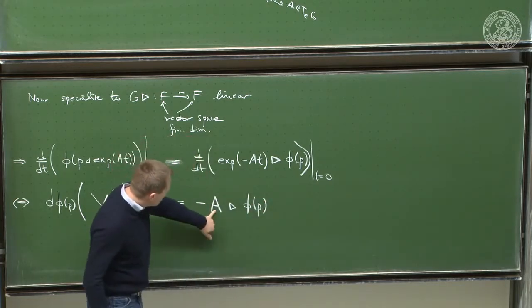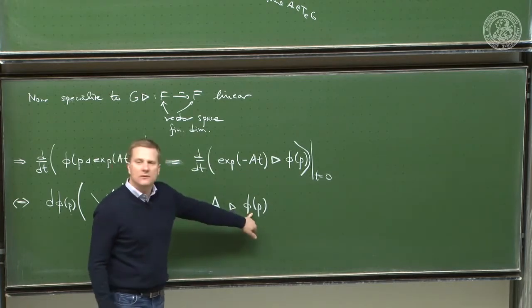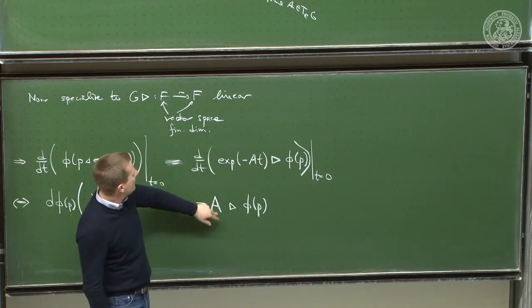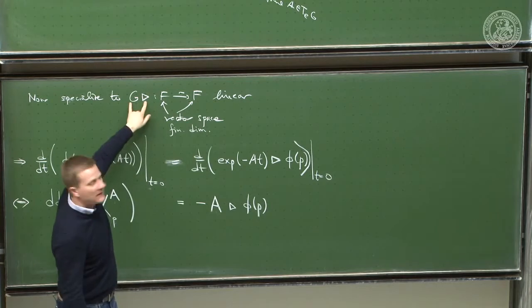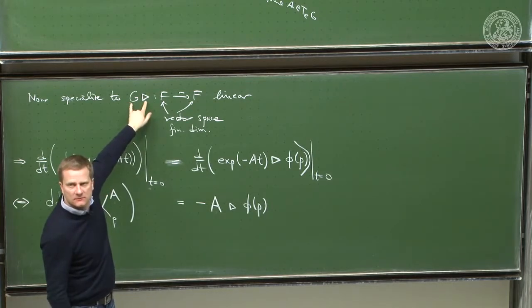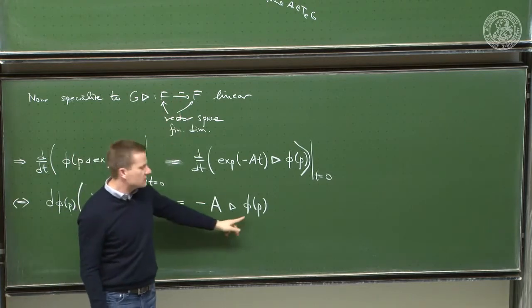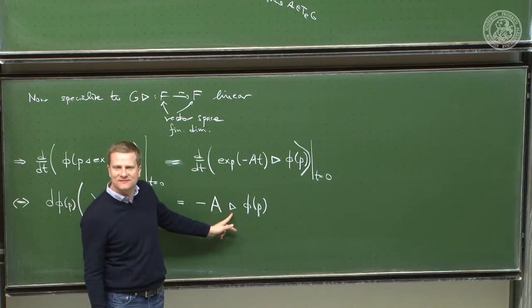Now, this is a Lie algebra element, and actually this is an action of a Lie group on F. But that's what I just said before. Because we now have a vector space and a group action on it, because it's linear, we can act with the same matrix here. So it's the same action. I can use the same action.